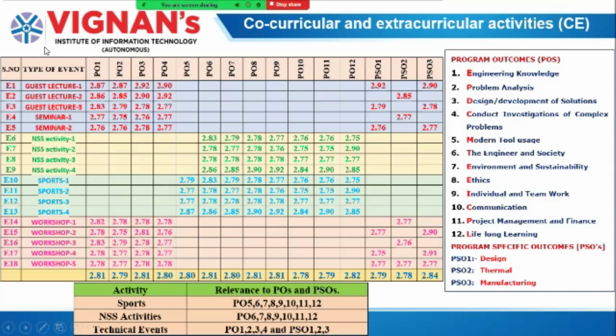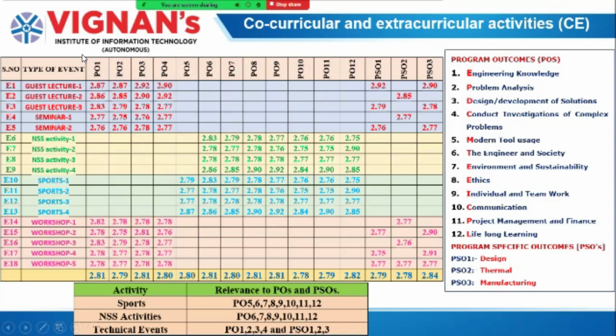That's why the guest lectures are from 1 to 4 and PSO 1 to 3. Here also workshop. Sports 5 to 12 and NSS activities 6 to 12. So only for these POs, for this particular event, for example, if you conducted any workshop, you have to take a survey from the students on PO 1 to 4 and PSO 1 to 3.